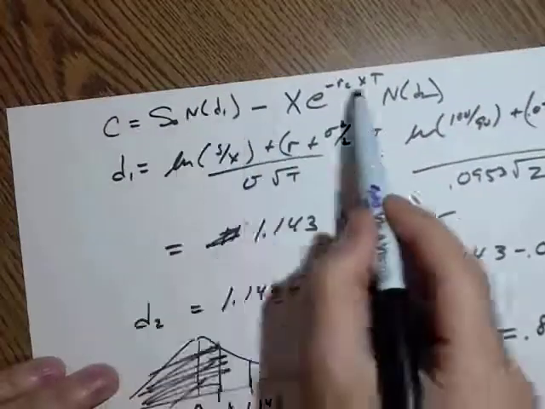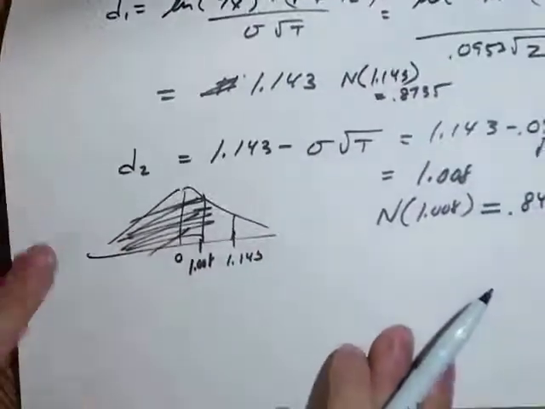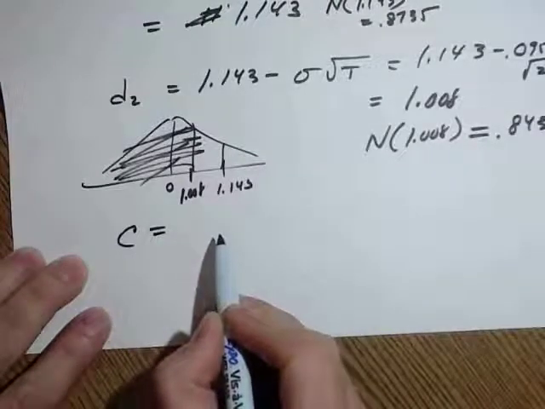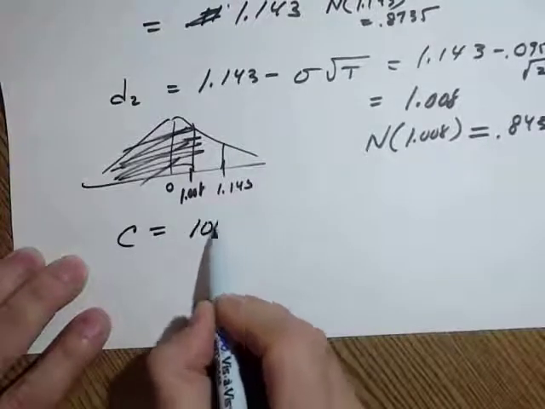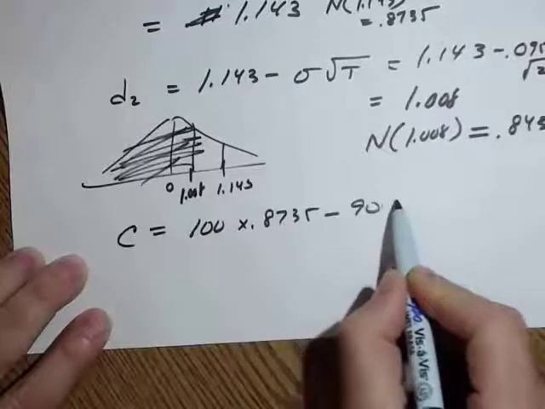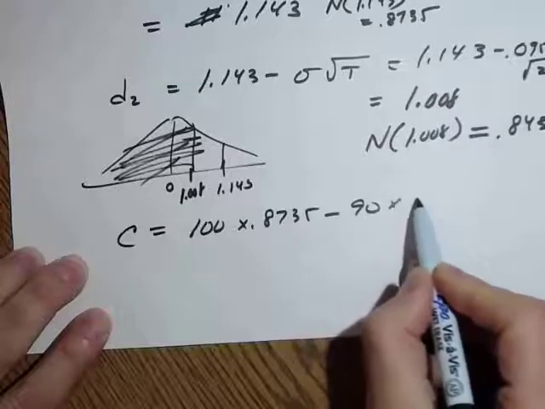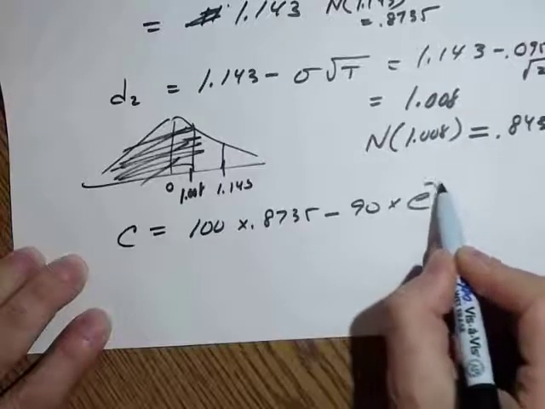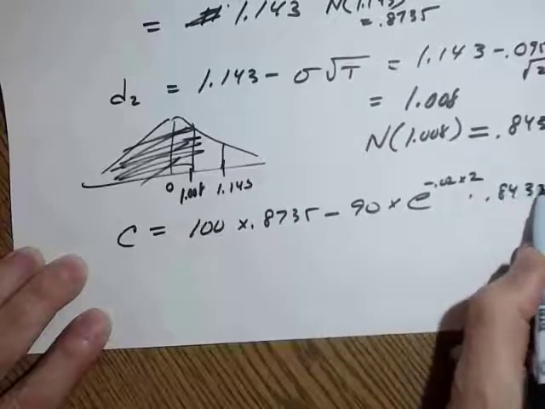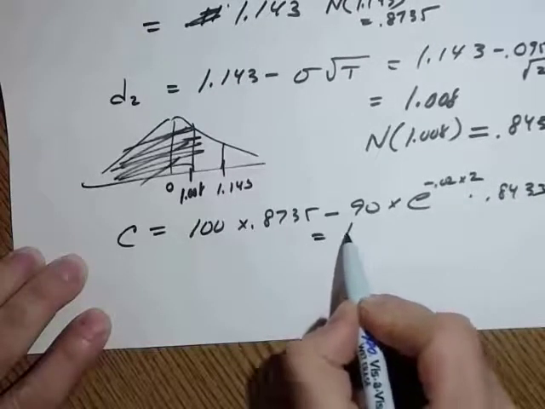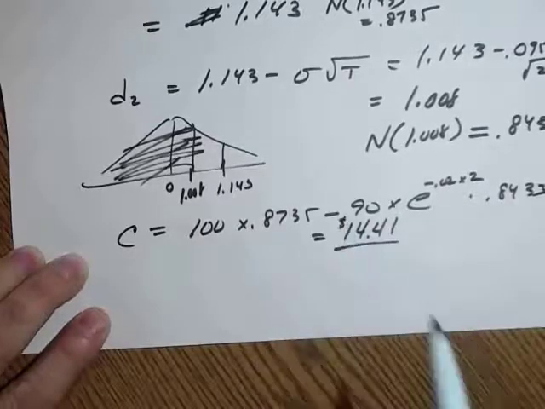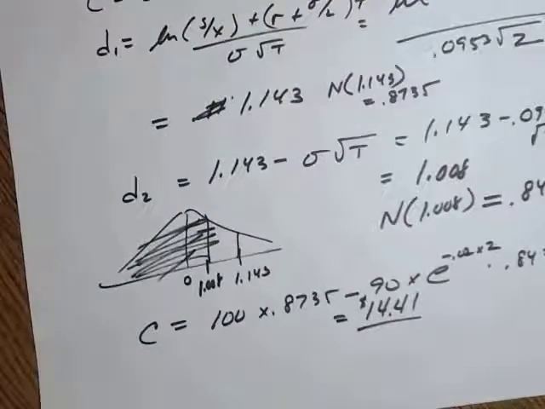Okay, so therefore we can calculate this. We can just plug the numbers in. We got them all now. And so C equals 100 times 0.8735 minus 90 times e to the minus 0.02 times 2, times 0.8433, and we get 14.41. So pretty darn close to what we got here.